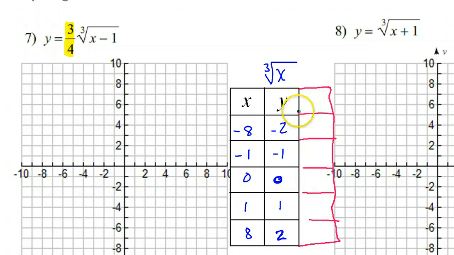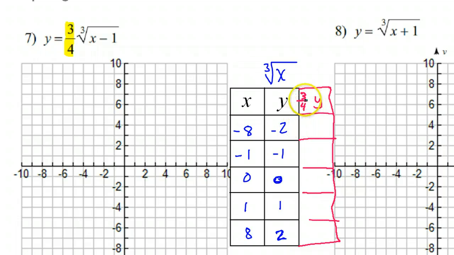Alright, and in that third column, we apply the A value. So in the third column, we will do 3/4 the Y values. Okay, so we're multiplying all the Y values by this A value. So 3/4 times these.